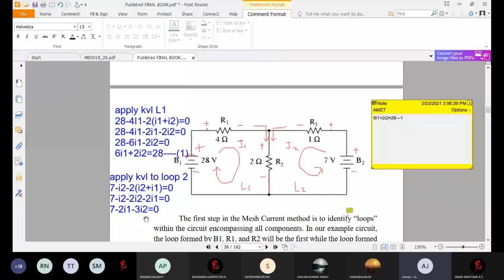I'm going to move this 7 to the other side, so minus 2 I1 minus 3 I2 is equal to minus 7, right? This is the second equation.